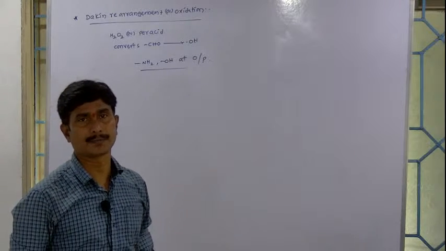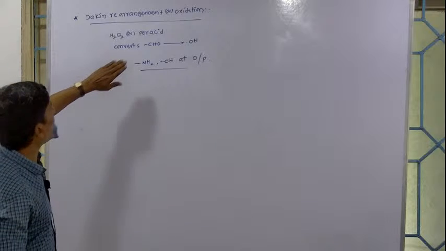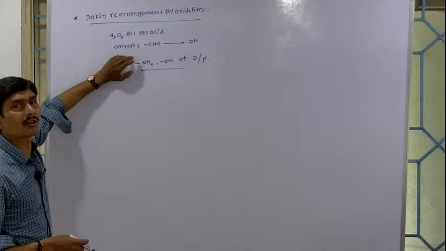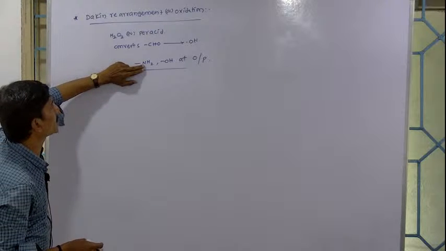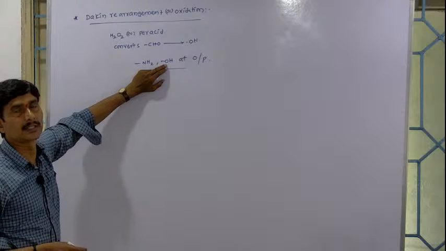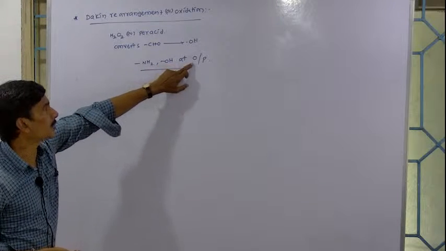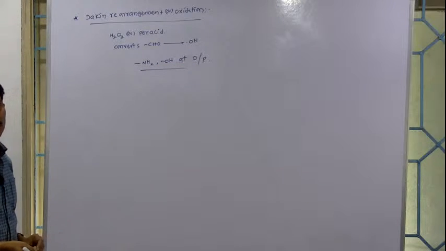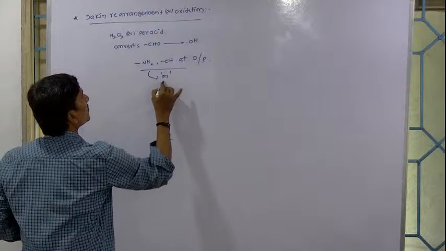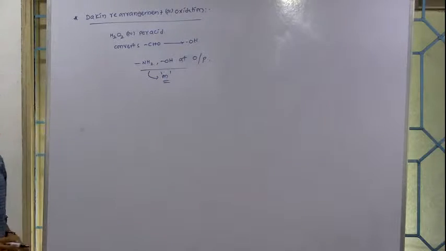If this aromatic aldehyde has an electron-releasing group such as NH2 or OH or OCH3, that is an ether group, at the ortho position as well as the para position. If these groups are at the meta position, then no rearrangement can take place, that is, the oxidation reaction is not possible.